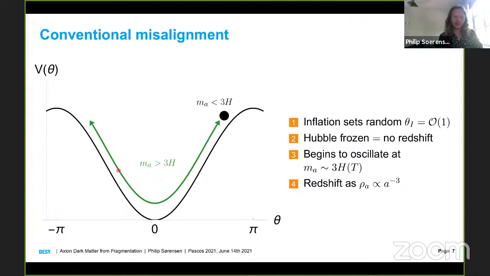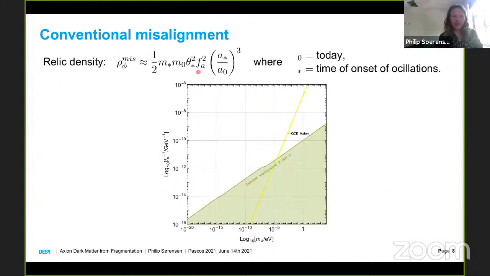Now, if you produce dark matter with such a production mechanism, the dark matter relic is of course proportional to the initial misalignment angle. But also it's proportional to the decay constant Fa, which appeared in the periodic potential.